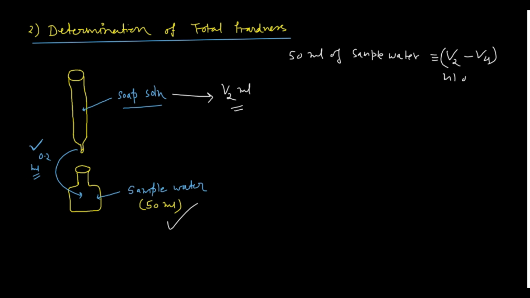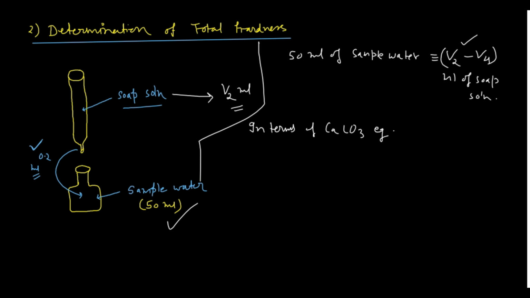Again I'll apply the unitary method. And before applying the unitary method, I'll convert this volume of the soap solution into the calcium carbonate equivalent. So I am writing here in terms of CaCO3 equivalent.